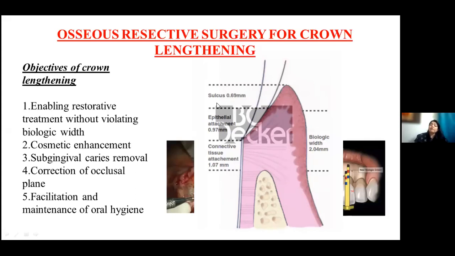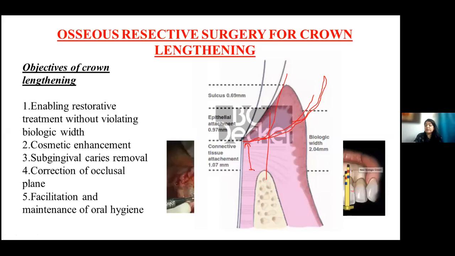Now imagine a scenario where you need length in the crown. You needed 3 mm, so you've cut this much and put a crown here. Now the patient has only this much till the crest of the bone. Otherwise, the patient had 2.04 mm.